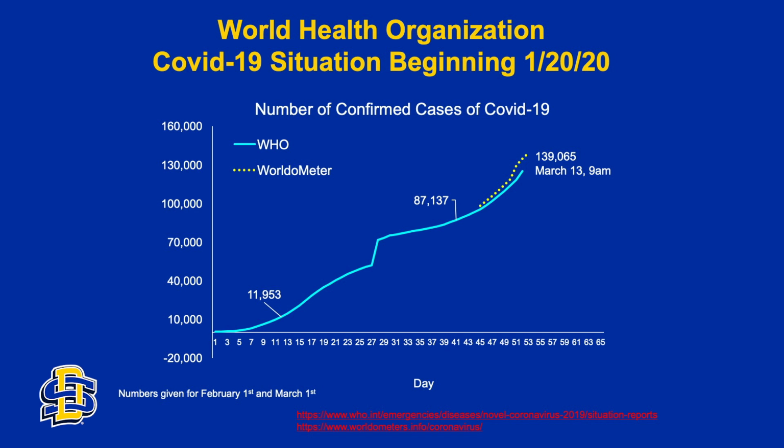And it's tracking really well with the World Health Organization. When you look at that data for cases worldwide, what you see is a large jump in the end of February. In these graphs, I've plotted the numbers of cases on the 1st of February, the 1st of March, and then the most recent one, which was earlier this morning, March 13th.